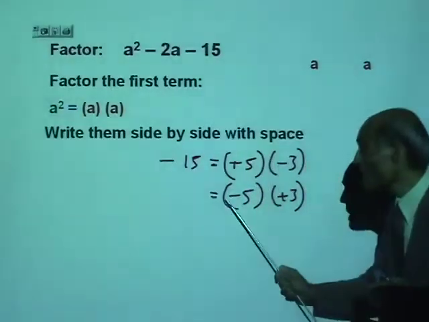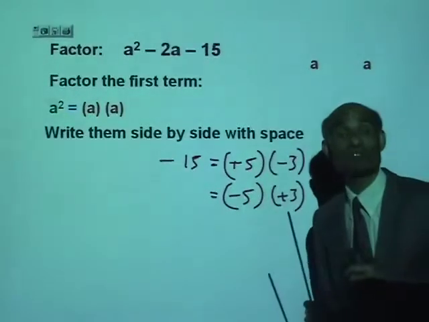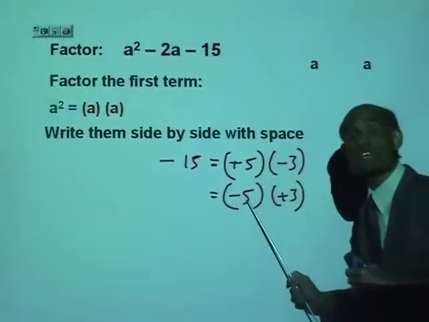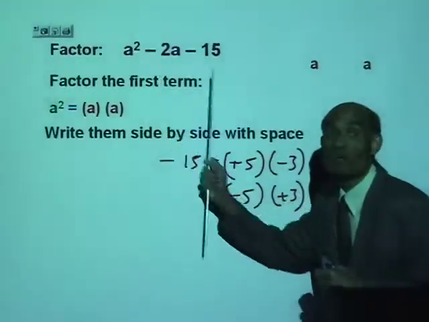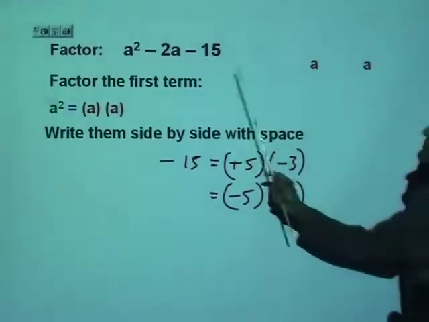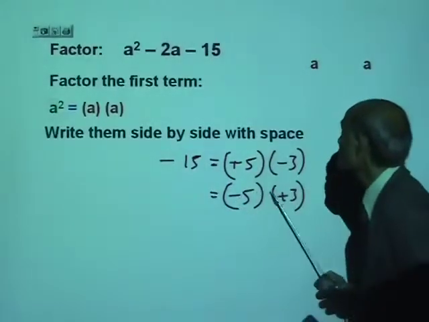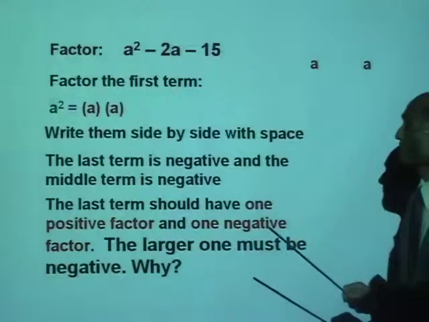So in this case, our choice is negative 5 and positive 3. And what is the guiding principle for doing this? The middle term. Keep that middle term in your mind. Okay, so we factor negative 15 as negative 5 times positive 3. Alright?